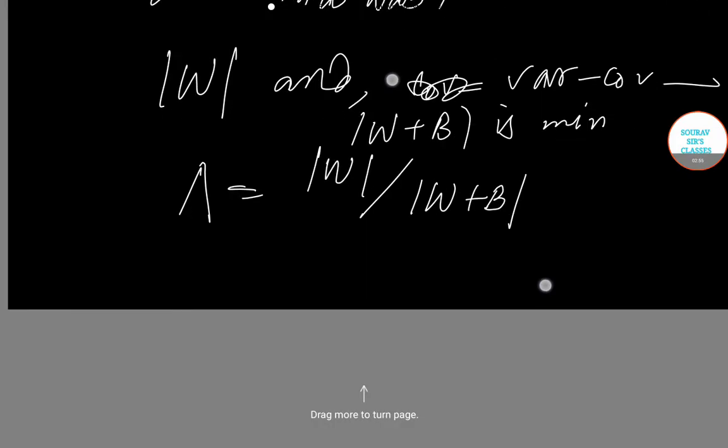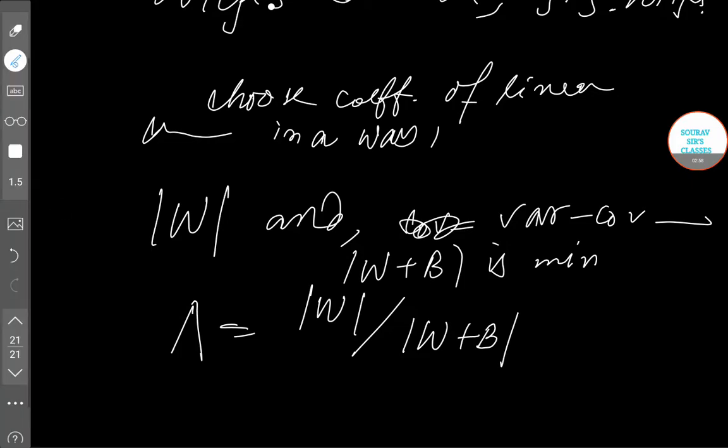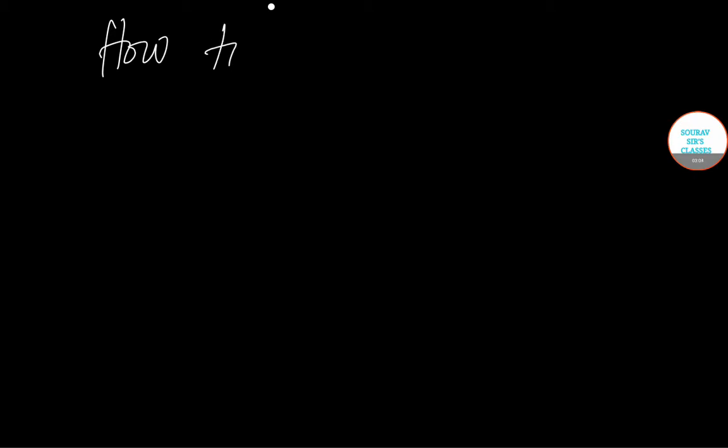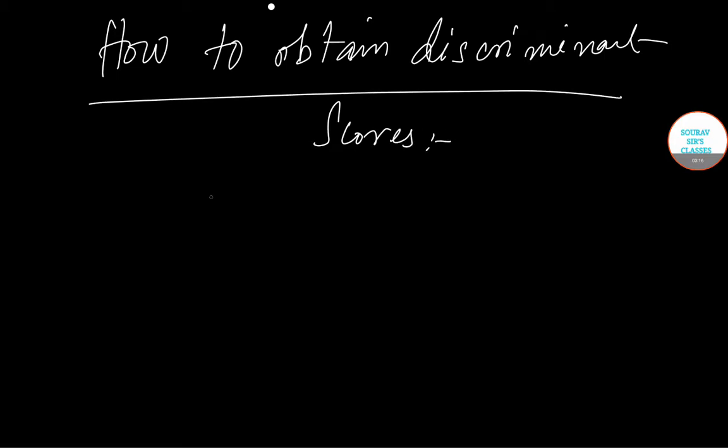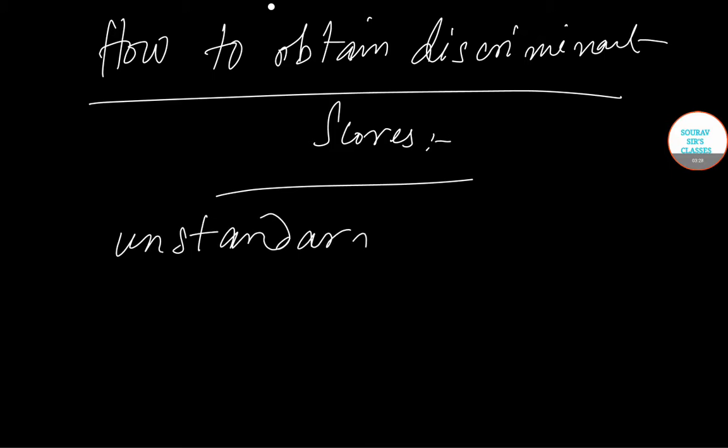Now, another question is how to obtain discriminant scores. In a discriminant function, the unstandardized coefficients are multiplied by the corresponding variable values.